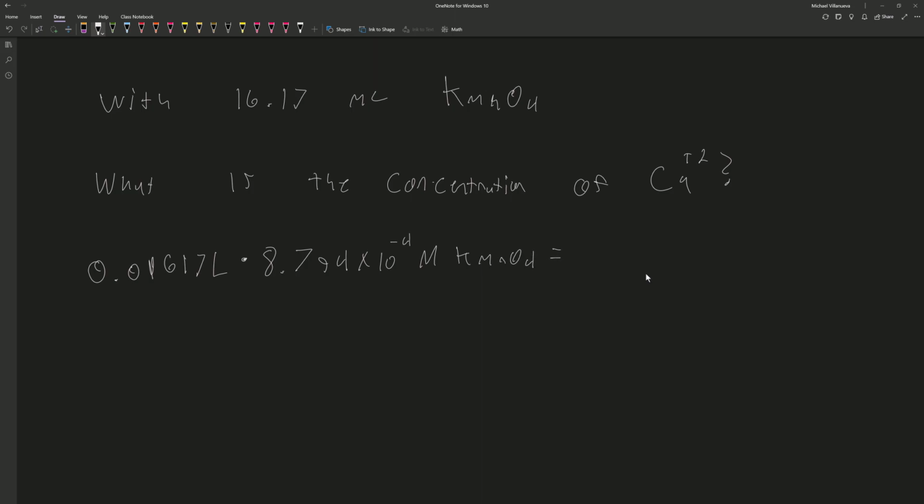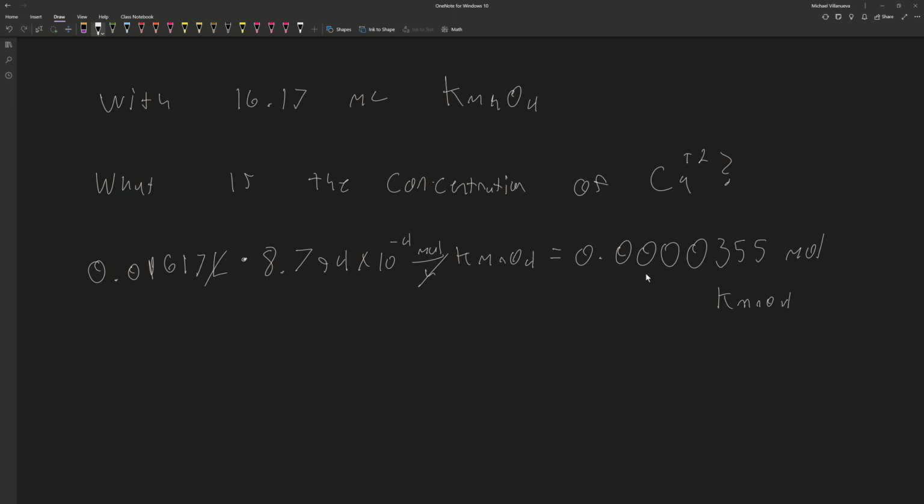Remember, molar is nothing more than moles over liters, and as a result, we just cancel those liters out and it leaves us with moles. And as a result, we will get 0.0000355 moles of KMnO4.